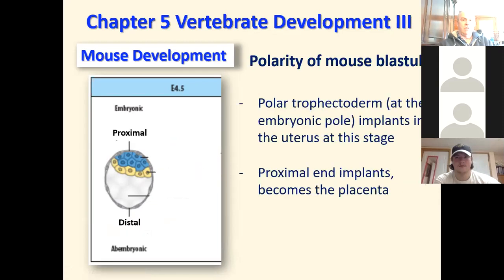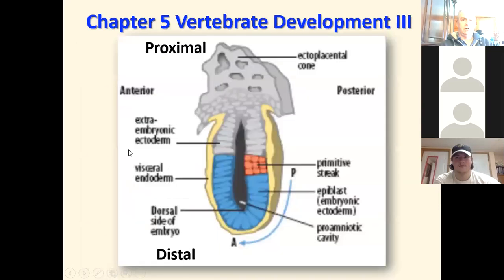Now, the proximal side of this blastocoel, blastula, will implant in the uterus, and we'll get this extraembryonic tissue, this cone of tissue over here. The ectoplacental cone forms, so your placenta forms there. And then we've got extraembryonic endoderm. And this starts to proliferate, and that forces the epiblast down and into this cup shape.